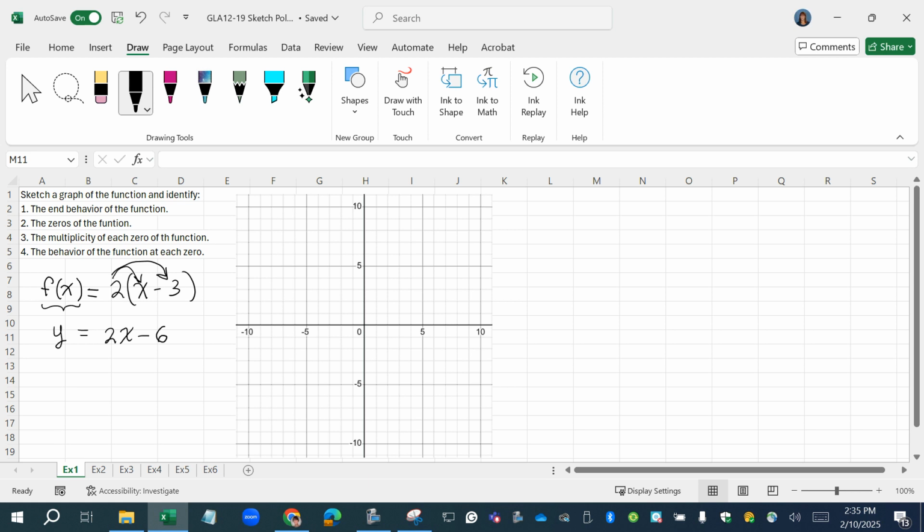Now, the function is written as a linear equation, which is a degree 1 polynomial. And it is in slope-intercept form.